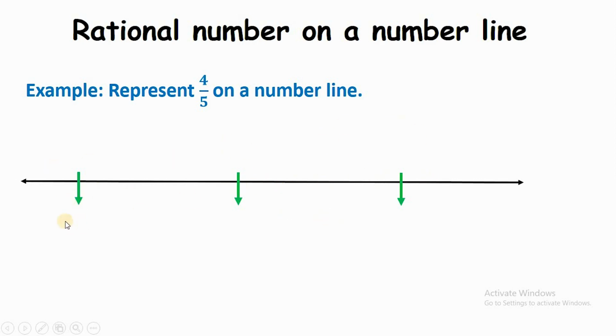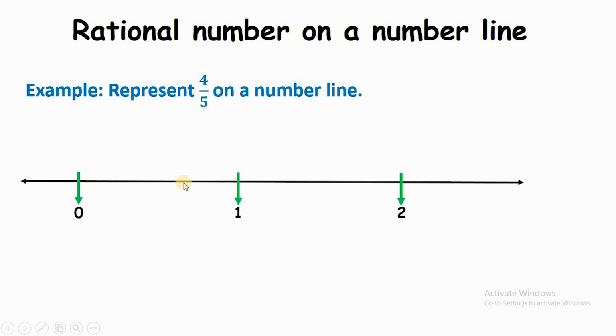We'll label them as 0, 1 and 2. And here the 4 by 5: you'll see that the numerator 4 is less than the denominator 5. Since the denominator is greater than the numerator, this number lies between 0 and 1.